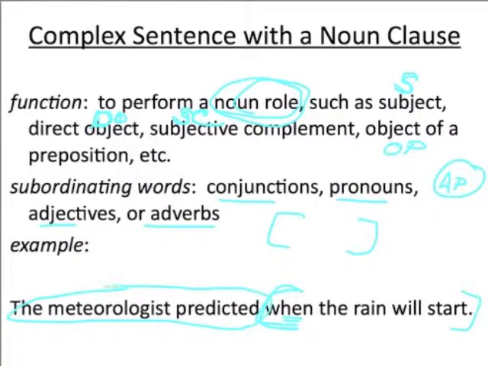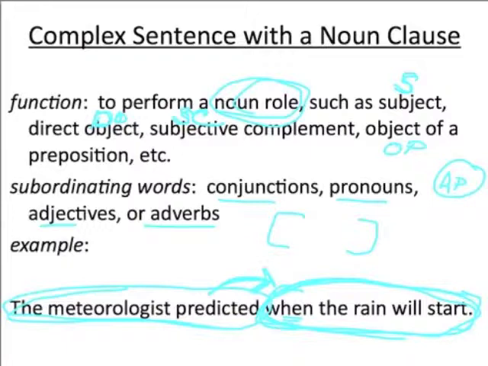And since predicted is a transitive verb, we're missing something. We need to know what the meteorologist predicted. So do you see that when the rain will start is our noun clause? That whole thing is our noun clause. And it's a noun clause because of how it functions. It is functioning as the direct object of predicted. So remember we were talking about the this Jennifer test.